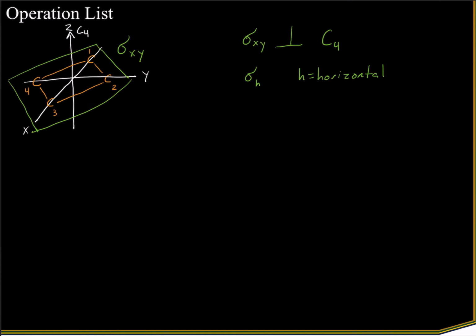In much the same way, that's the relationship between our principal rotation axis and a horizontal mirror plane. If our mirror plane is perpendicular to our principal rotation axis, then we have a horizontal mirror plane, the sigma h.